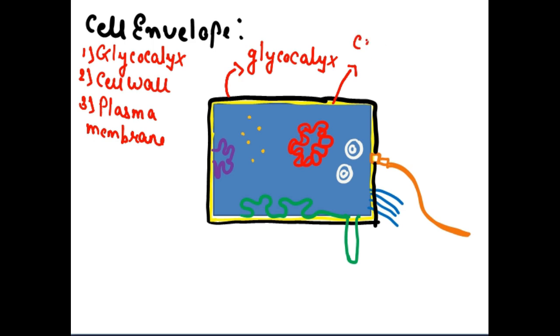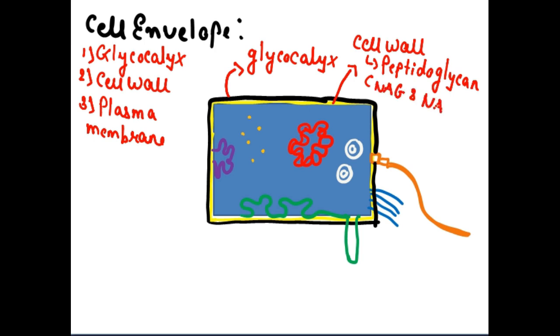The cell wall is a rigid structure made up of a substance called peptidoglycan, which is made up of two subunits: N-acetyl glucosamine and N-acetyl muramic acid.